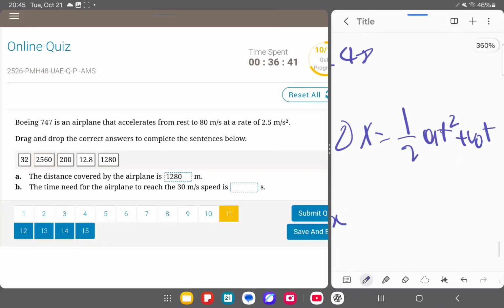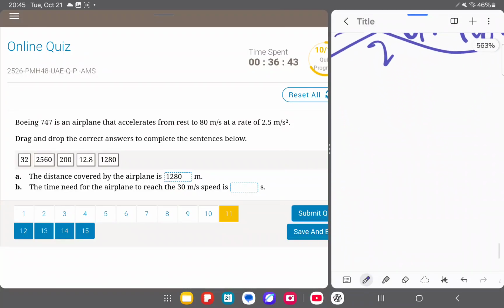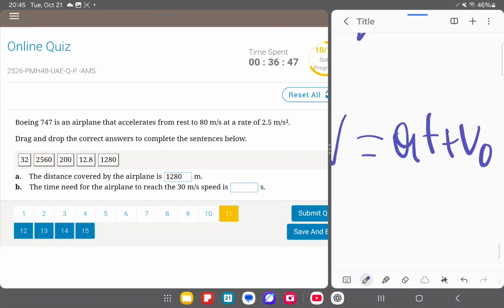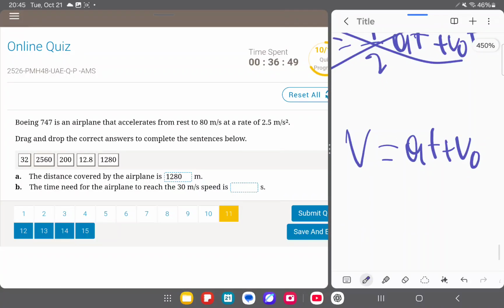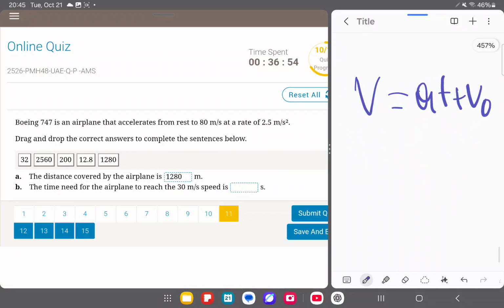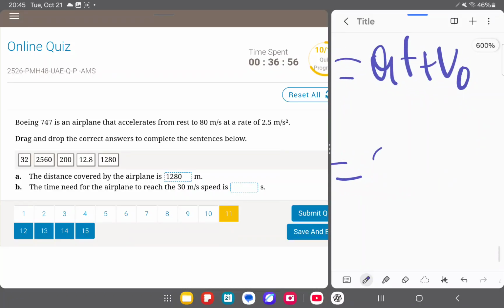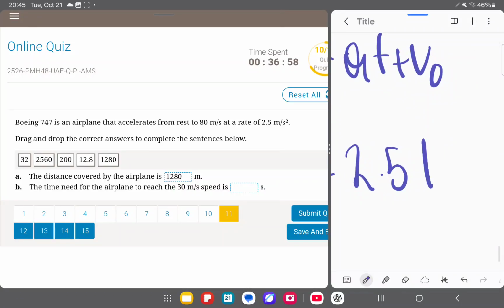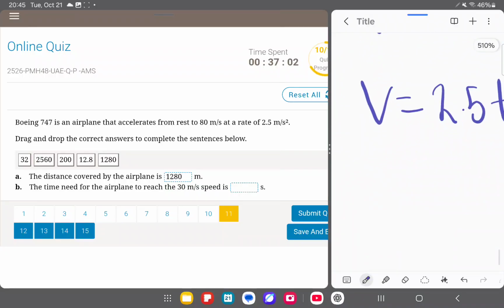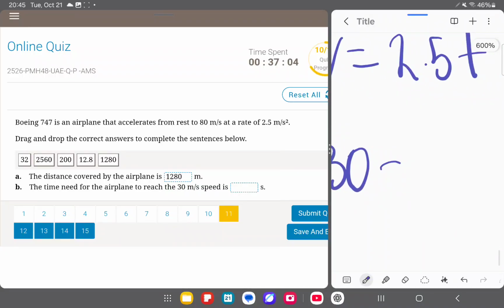I'm very sorry, I'm wrong here. Instead, we have to use v is equal to at plus v0. v0 is equal to 0 because it starts from rest. However, we can still do v is equal to at, and they already gave us a here, which is 2.5. And they want to reach 30, so 30 is equal to 2.5t. So 30 divided by 2.5 is 12.